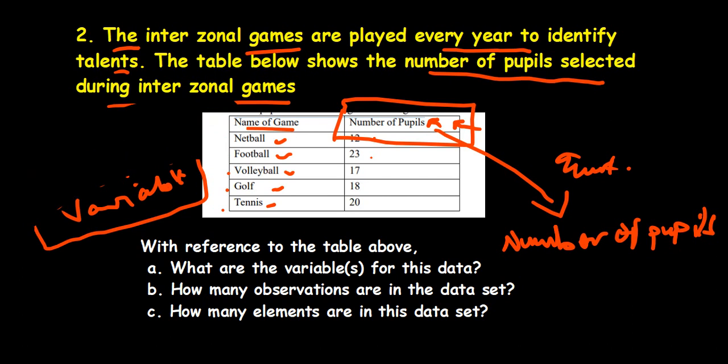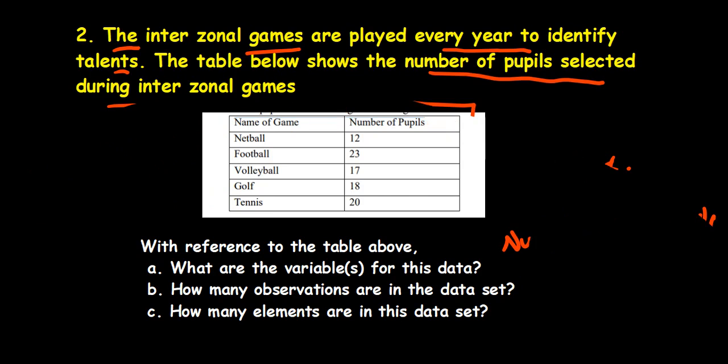So let's erase this and answer question B. They're asking how many observations are in the data set. You have to know that observations are just individual entries in the data set. Each row that you can see there corresponds to an observation.